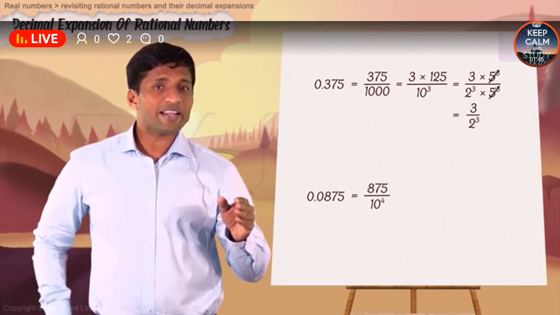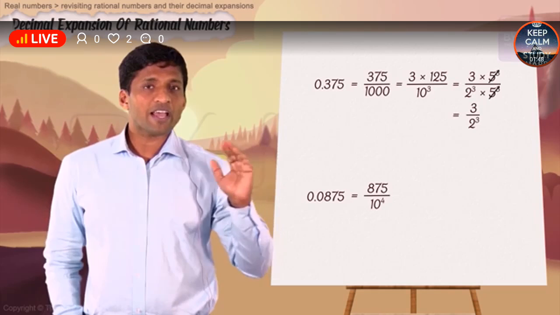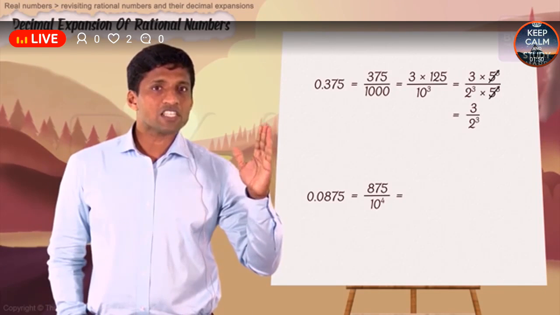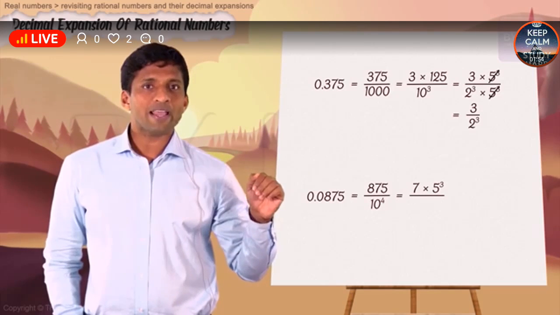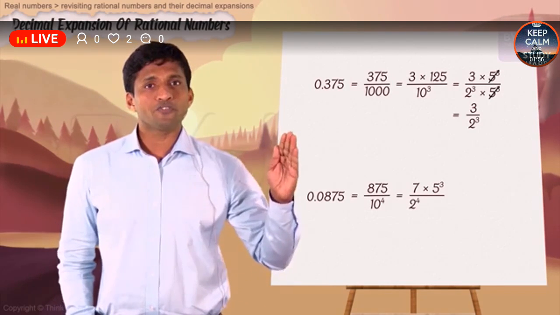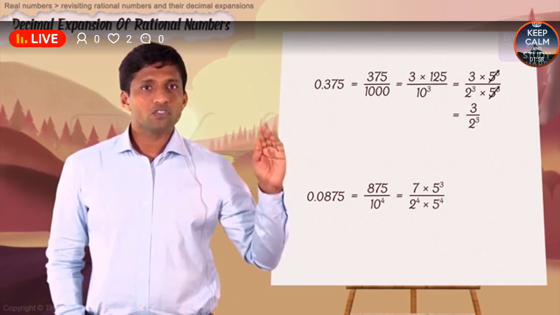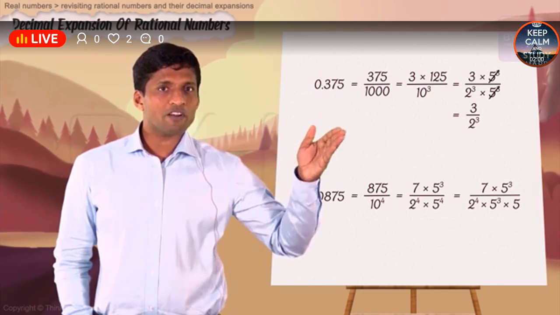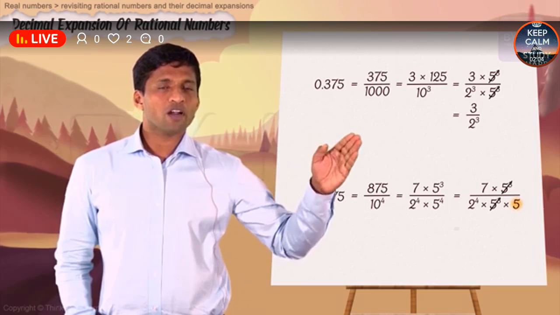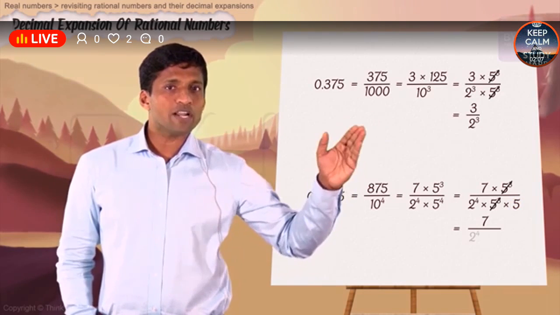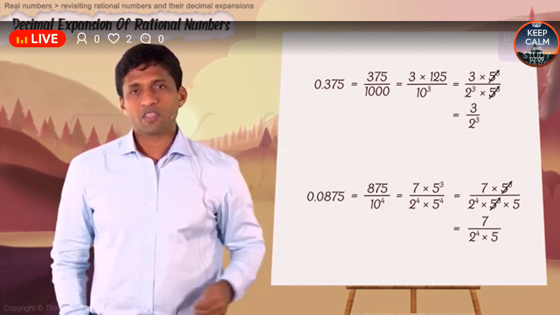Now if I rewrite 875, I can write it as 7 into 5 cube divided by, what is 10 raised to 4? 2 raised to 4 into 5 raised to 4. So what will remain here? 5 cube and 5 cube, if I cancel out, one 5 will remain. So what will remain is 7 divided by 2 raised to 4 into 5.